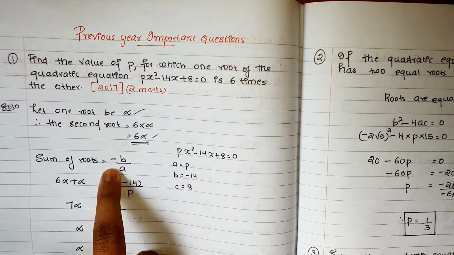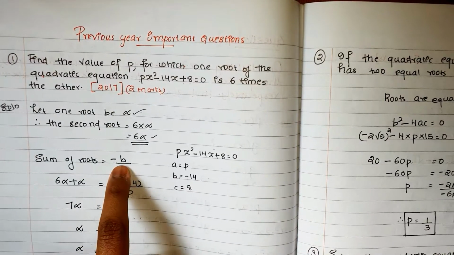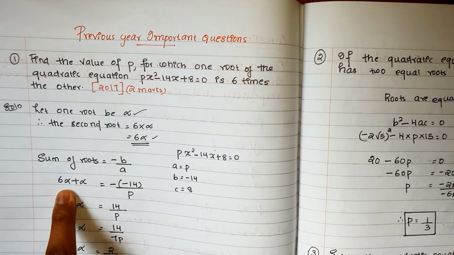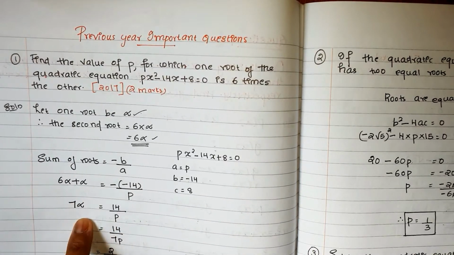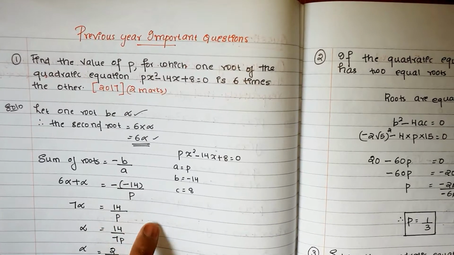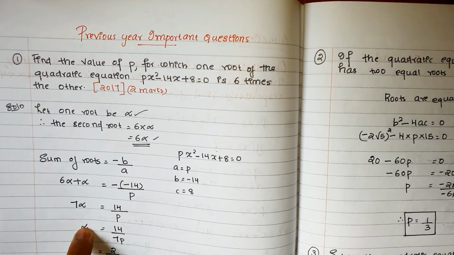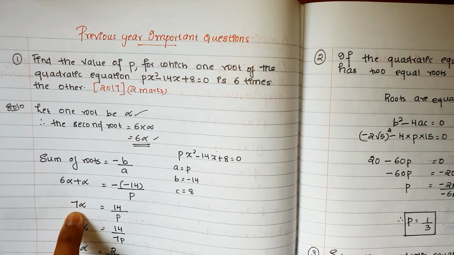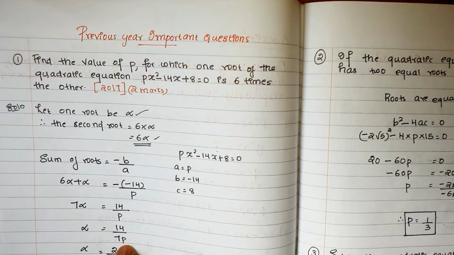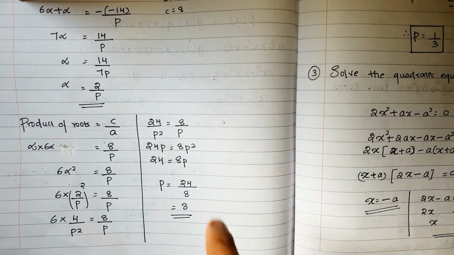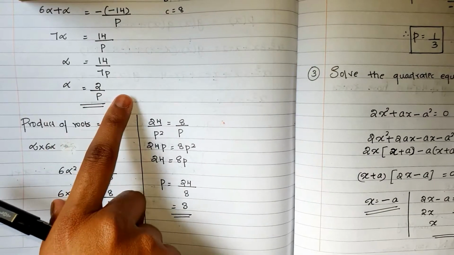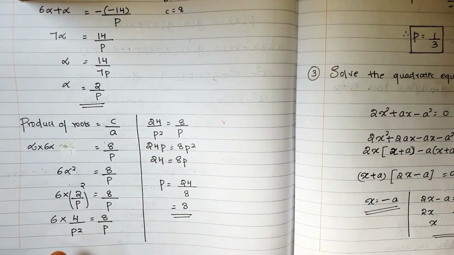So minus b is minus of minus 14, by a, which is p. So 6 alpha plus 1 alpha, that is 7 alpha, is equal to 14 by p. So for the value of alpha, I am taking this 7 to the denominator of the other term: 14 by 7p. Next I can cut this 7 and 14. So 2 by p. So I got the value of alpha as 2 by p.